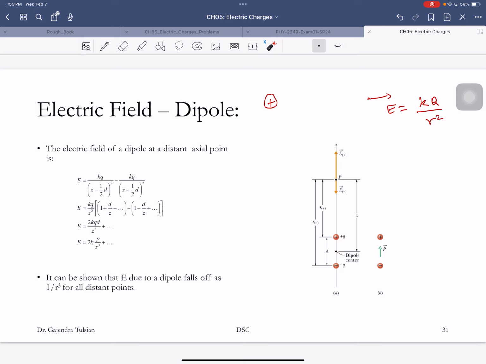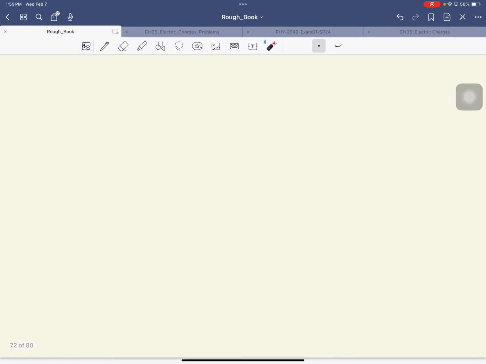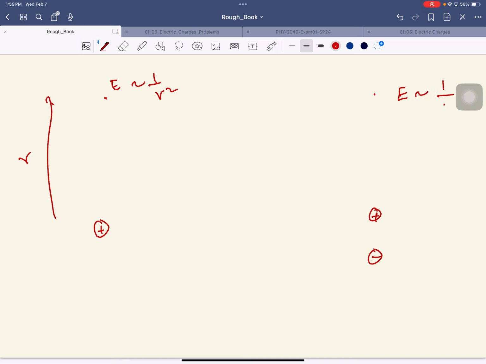The field of a dipole falls off as 1 over r cubed. I'm not going to go through the details of this, but that's what you want to remember. R is this distance.